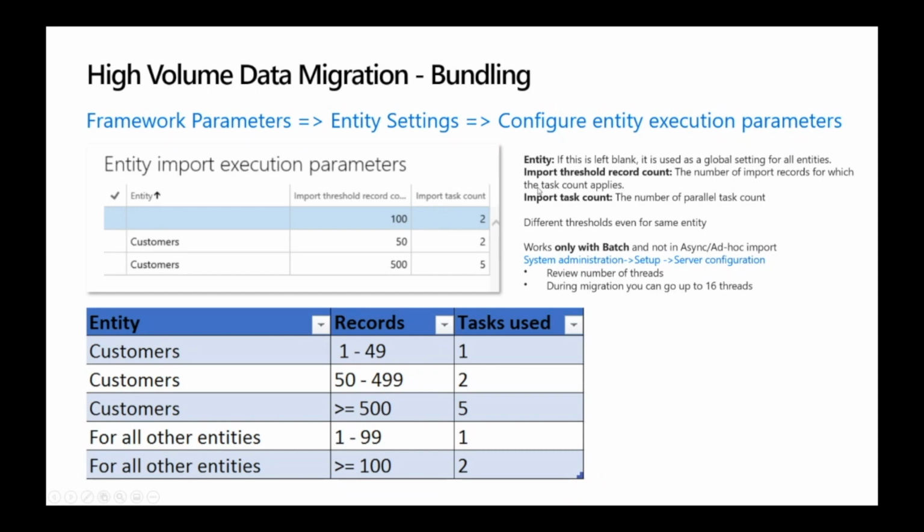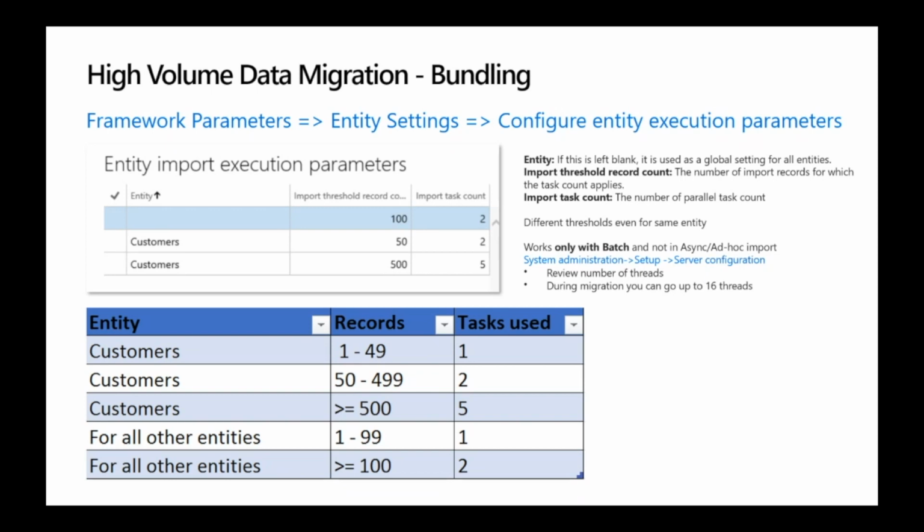If we're asking for threads, we must make sure that they are available. Therefore, we need to look in System administration, Setup, Server configuration, where you will see how many threads are available per AOS. During data migration, using a lot of threads typically helps make sure that you get your data uploaded in a decent time.